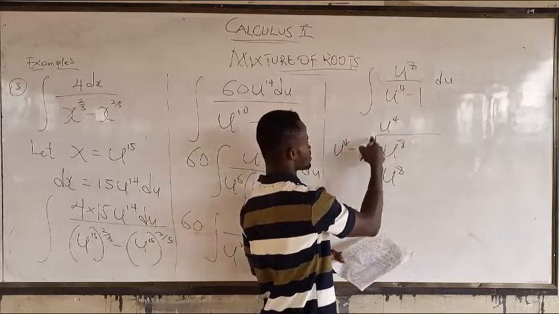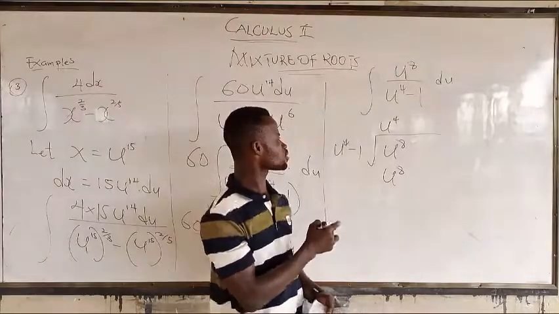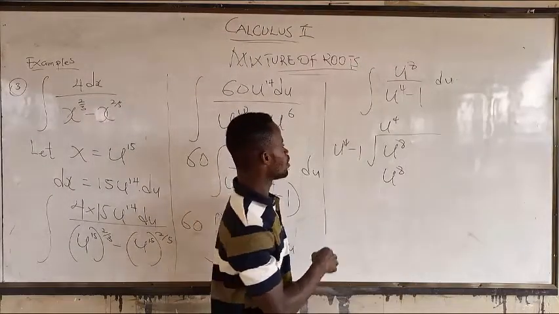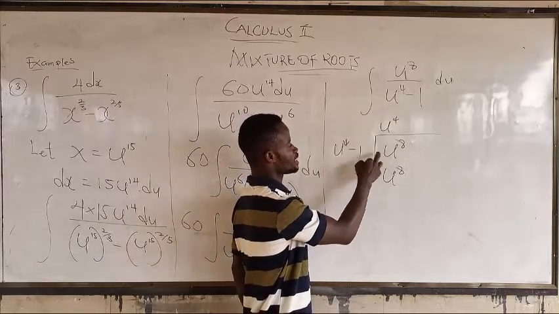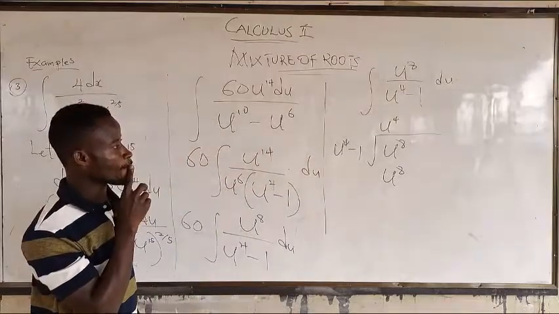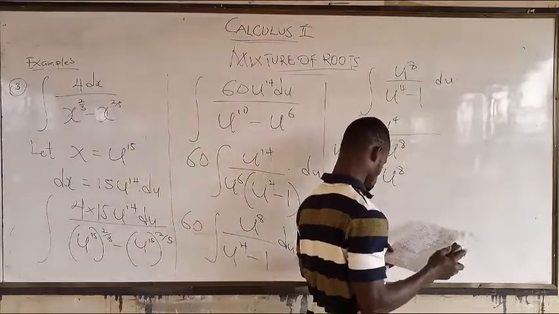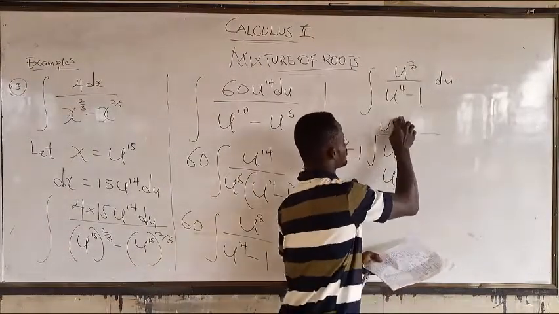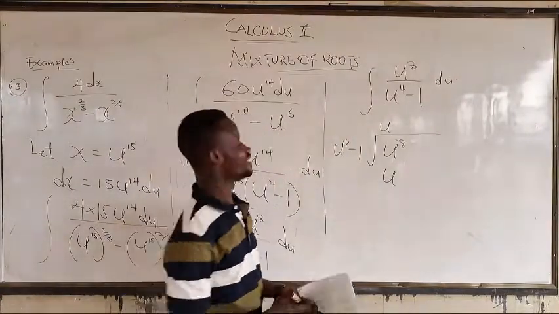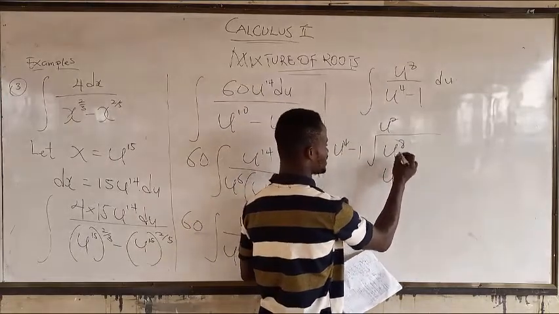Then, this times this, you get, oh, something is wrong somewhere. When you divide this by this, you are going to get u raised to the power 4, not 2. Sorry, u raised to the power 4 was wrong: u raised to the power 4 times u to the power 4 gives 8.